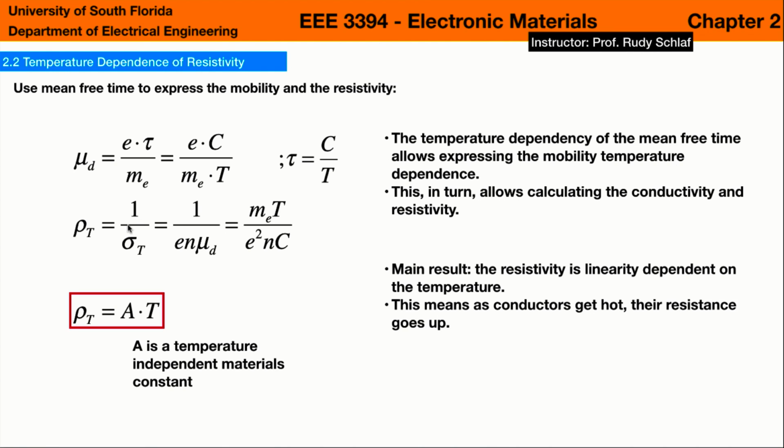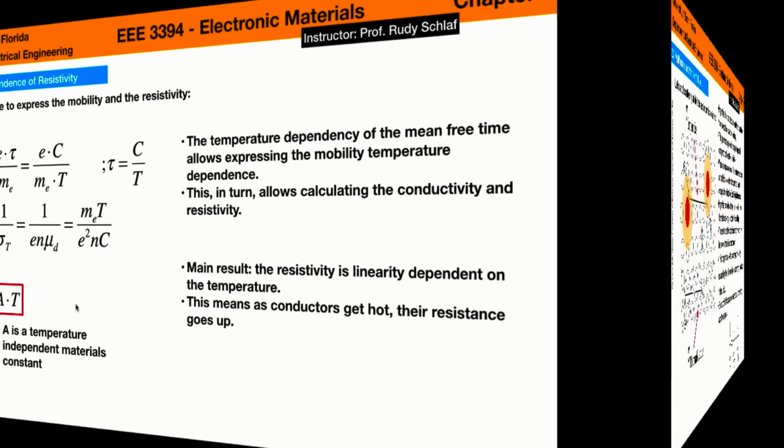Resistivity is just 1 over the conductivity, and conductivity we know now is e times n times the mobility. And with that follows that the resistivity is proportional to the temperature. So with another constant, we can say that the resistivity is just A times T. So bottom line is temperature goes up, resistivity goes up.